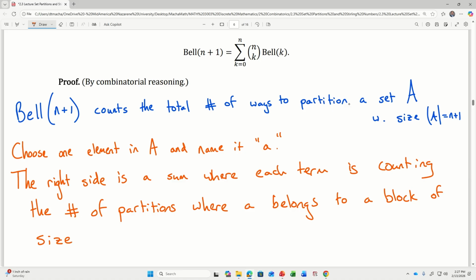Ooh, what size is the block that A belongs to? N plus 1 minus k.